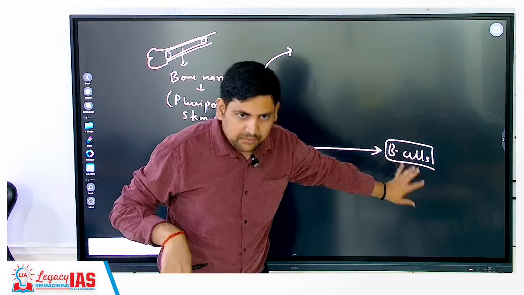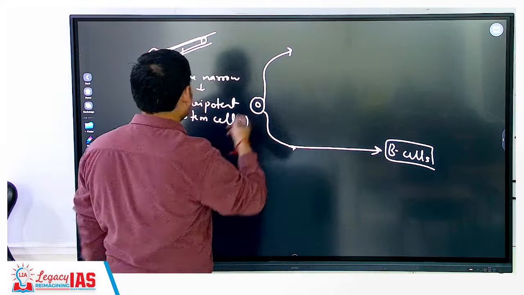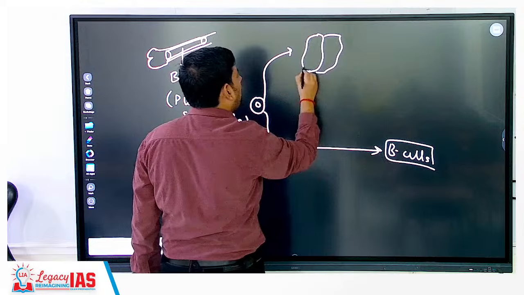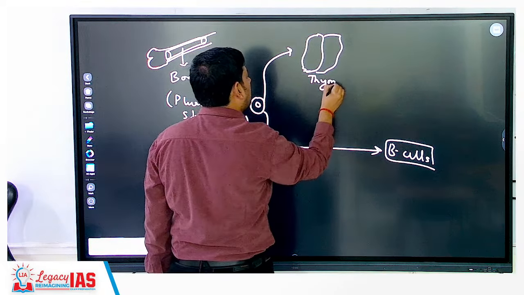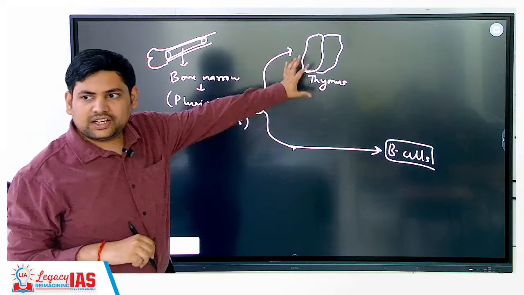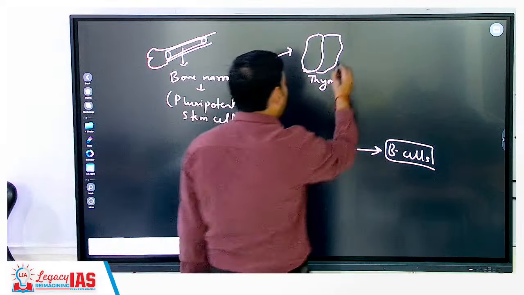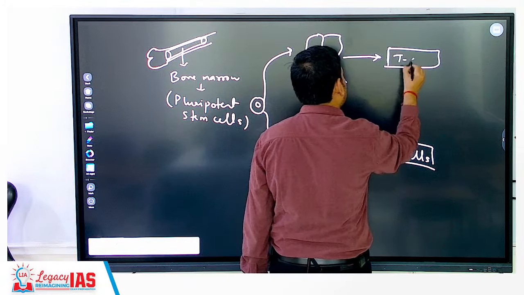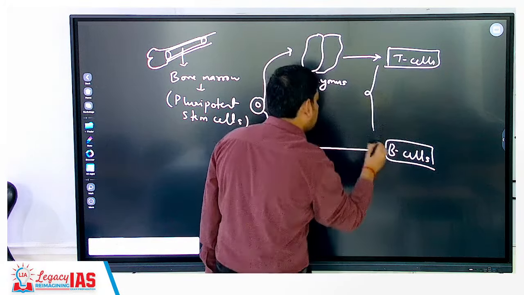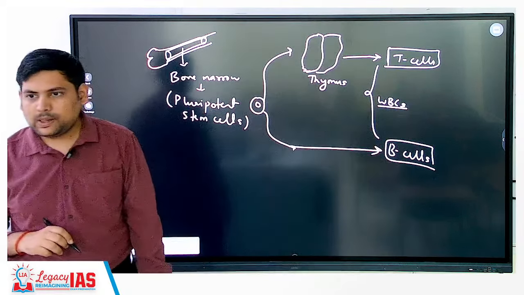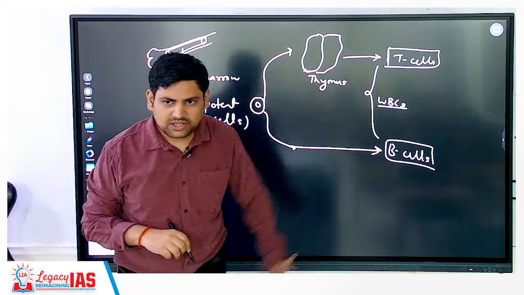So this is one type of white blood cell. Now the other kind of cells that divide go into the thymus, and mature in the thymus eventually to make something called T cells. These together are usually called WBCs. That is T cells and B cells.